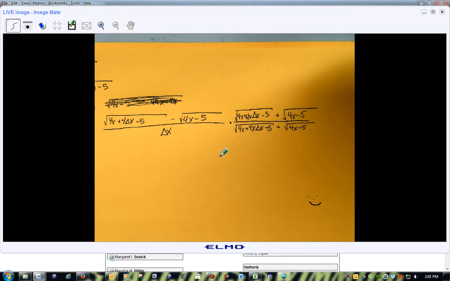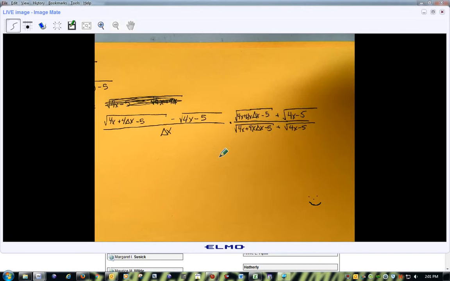And so what this does is it's going to give me basically, this is a minus b times a plus b, so it's a squared minus b squared. So I'm going to get 4x plus 4 delta x minus 5 minus 4x plus 5.